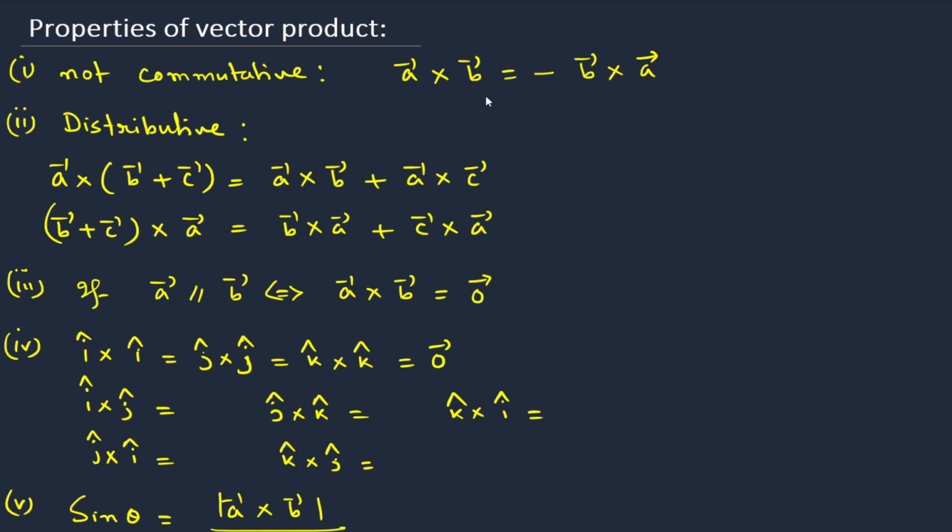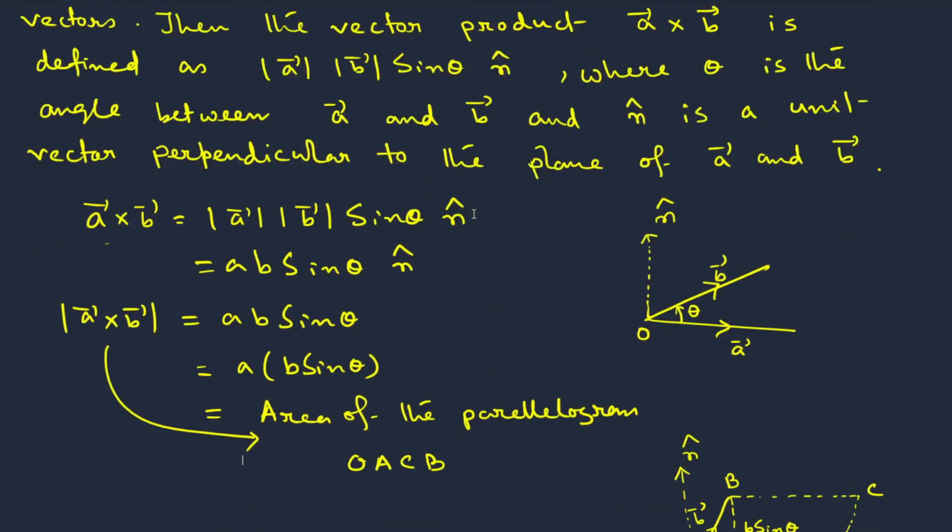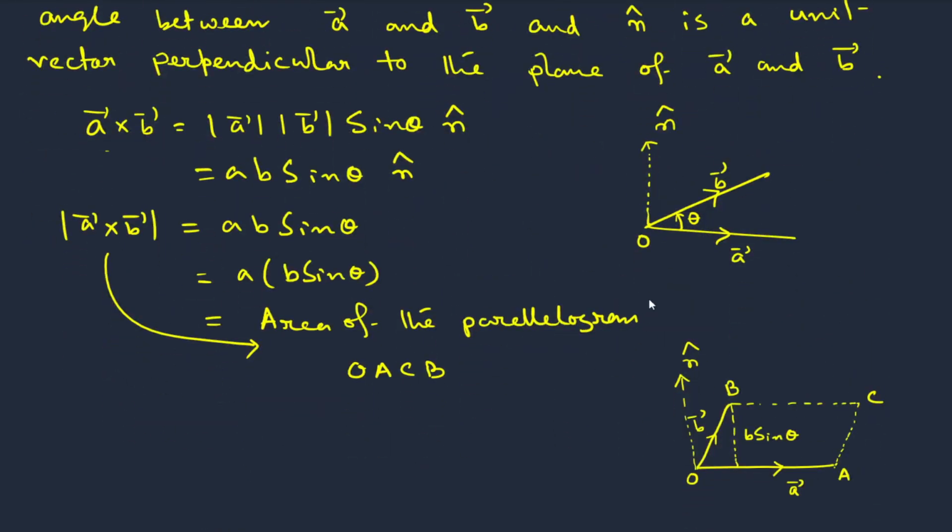Now coming to the properties of the vector cross product. Unlike the dot product, the cross product is not commutative. Why? Between a bar cross b bar and b bar cross a bar, there is one negative sign. Let us understand from the definition and the right hand thumb rule. If we find a cross b, then we get n cap. But if we find b bar cross a bar, n cap will be in the downward direction.